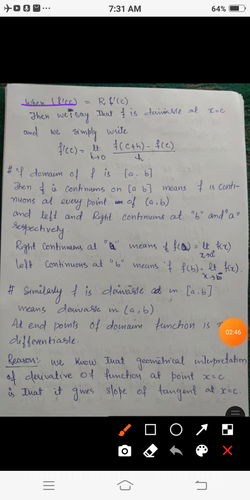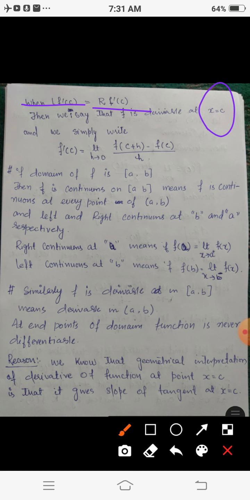When the left derivative equals the right derivative, we say that f is differentiable, or derivable, at x equals c.